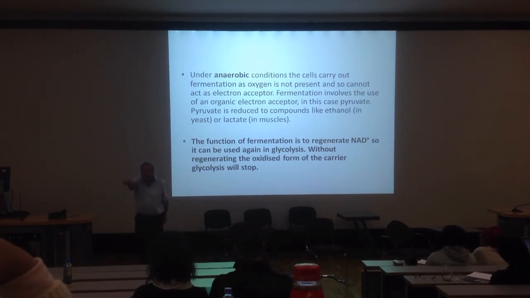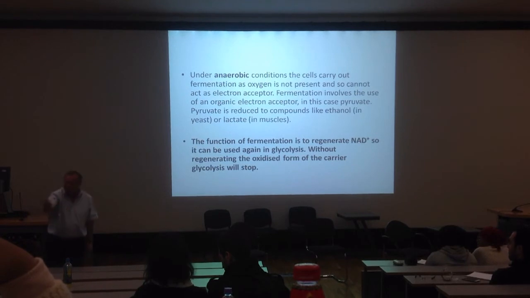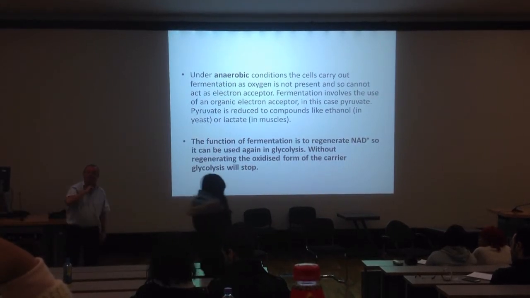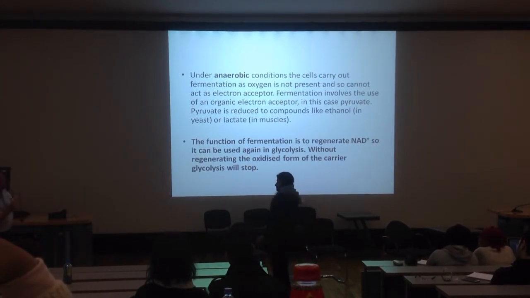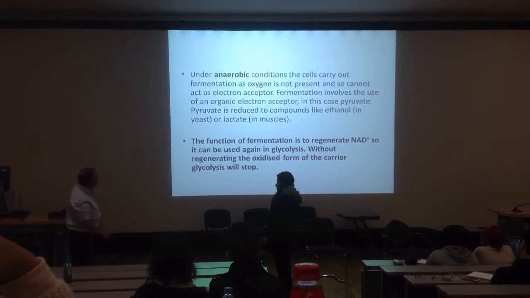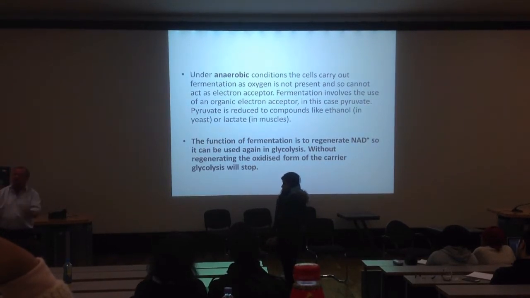And we need to do something with the NADH. Here's the NADH, here's the electron that's required. We need to do something to it. And pyruvate is reduced to compounds like ethanol in yeast or lactate in muscles. So the function of fermentation is to regenerate NAD, the oxidized form.